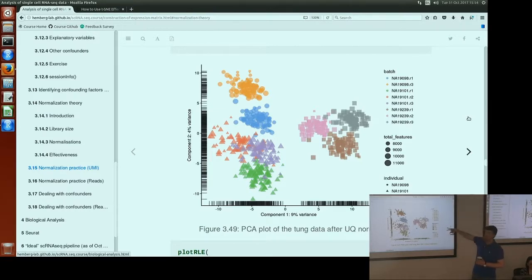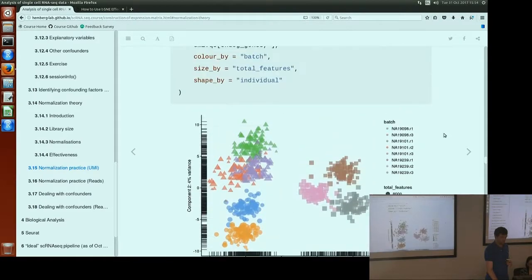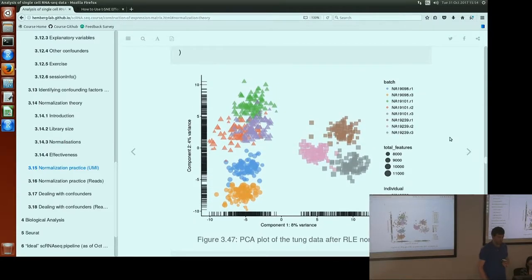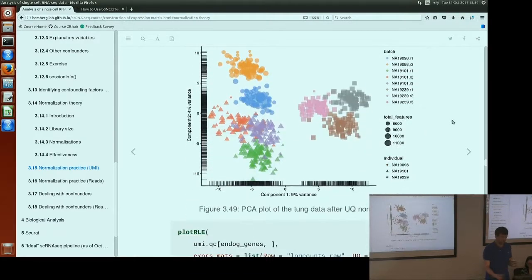So how do we compare this PCA plot to the first two, which, as we saw, were very similar? The first principal component looks to be capturing the same source of variability. It separates the individuals: individual 19239 is on the right-hand side of principal component 1, and the other two individuals are on the left-hand side. So we see that still present with the upper quartile normalization.